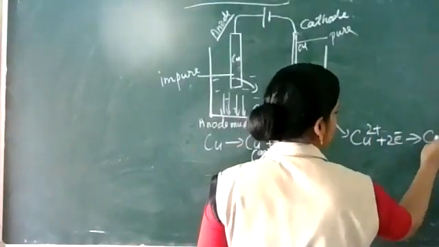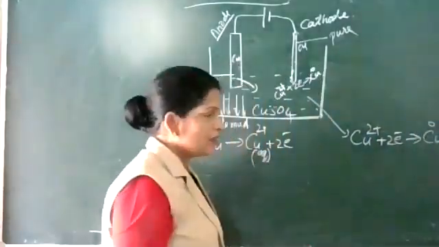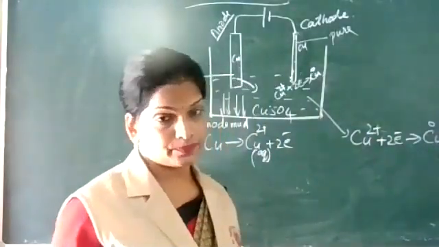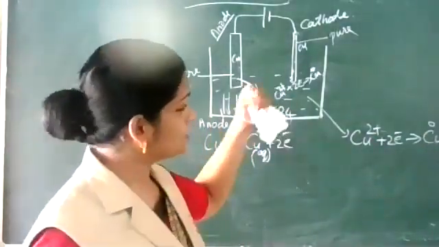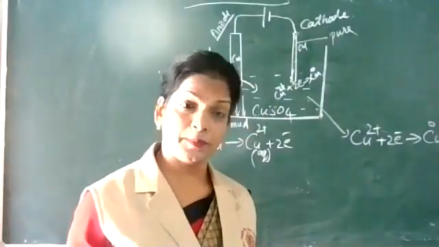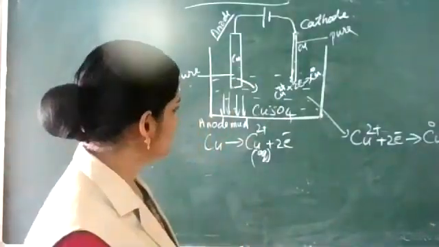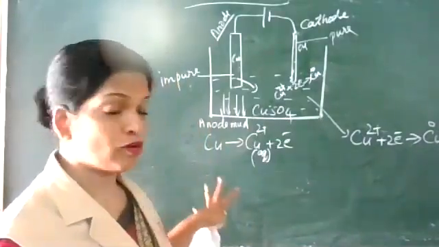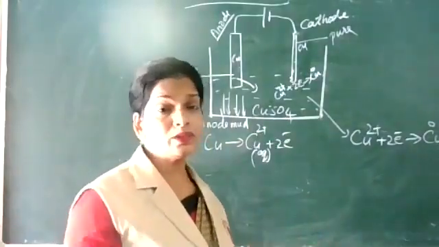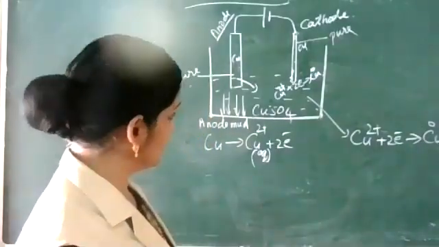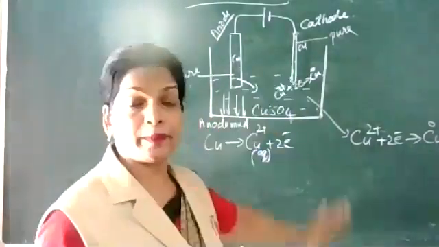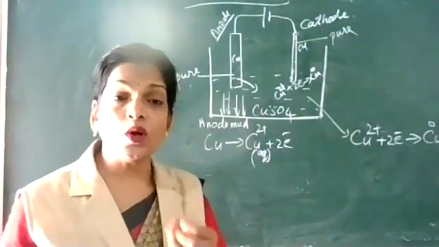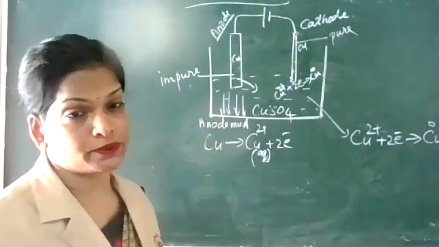At cathode, reduction takes place. How much electricity you are passing through this, that much amount of copper will be deposited. So, Faraday formulated two laws. Faraday's first law stated that the amount of copper deposited will be directly proportional to the quantity of electricity passed through it.